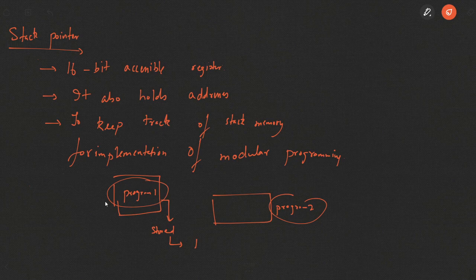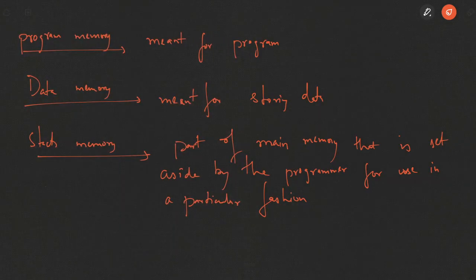So a particular program will have a certain routine and it will have a subroutine that needs to be executed. Say, for example, you are using the instruction call. You are running a program, but within that program you have to refer to some other program that has already been defined somewhere else at some other location.